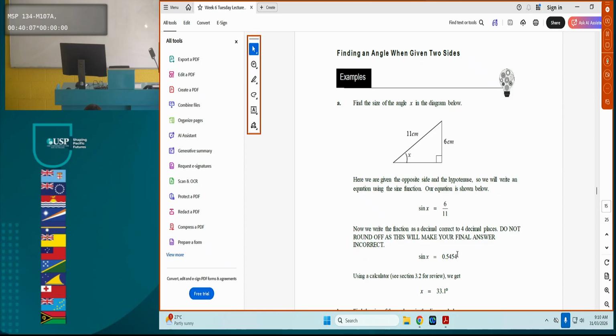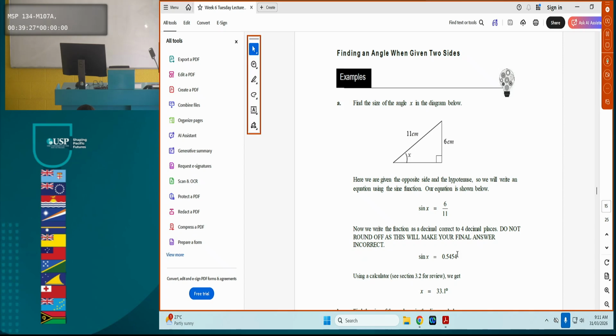And what is 6 over 11 equal to? 0.545 in decimal. So x will be sine inverse of that. To one decimal place, I've got 33.1. Check, 33.1. Make sure your calculator mode is in degrees.